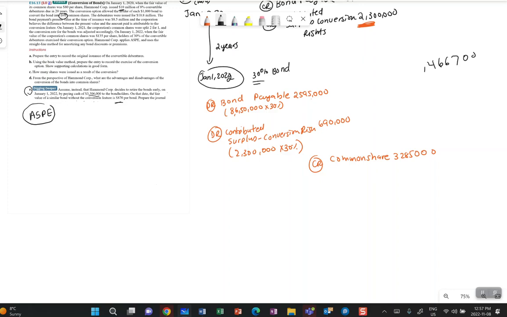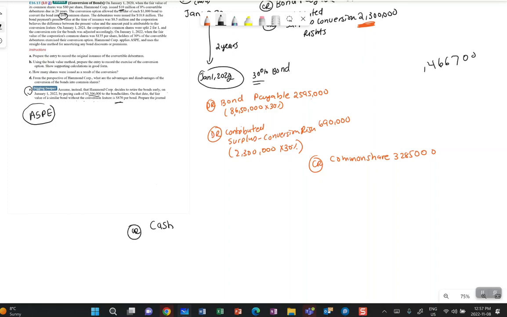First, if you go back to my previous recording, the chapter example recording, we needed to find out the gain or loss on the bond before we could do anything in this case. In this case we paid cash, so that number is given to us.